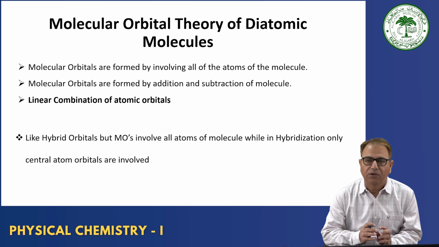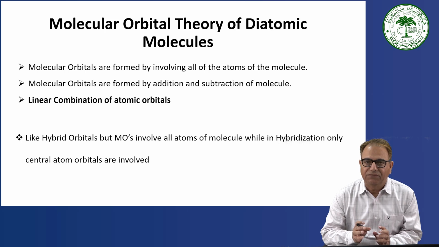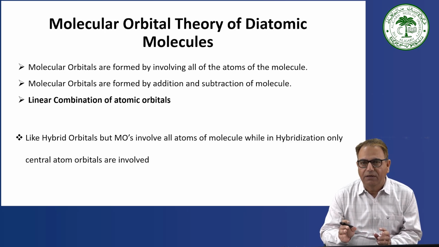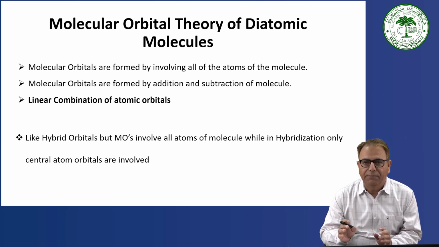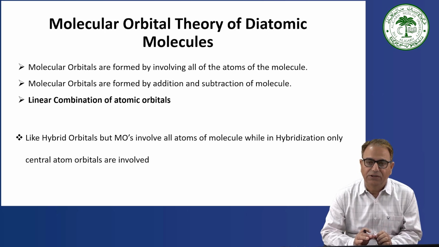If it is a diatomic molecule, you involve two different orbitals, 1s and 1s for the H2 molecule. Then for higher diatomic molecules like N2 and O2, 2s and 2s can combine, and 2p and 2p can combine. How do they combine? This we are going to talk about in today's lecture.